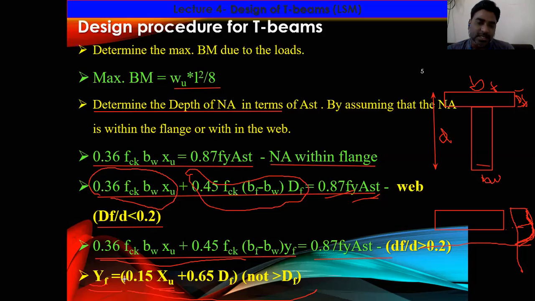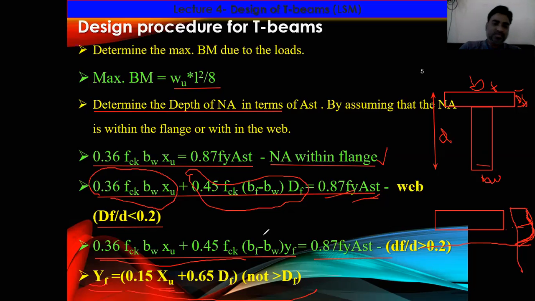And determine the area of steel in tension zone by equating the maximum bending moment equal to the bending moment equation corresponding to these three cases, whatever you have assumed. That means if you assume that the depth of neutral axis is within the flange, then you have to use the compression force into lever arm or tension force into lever arm.